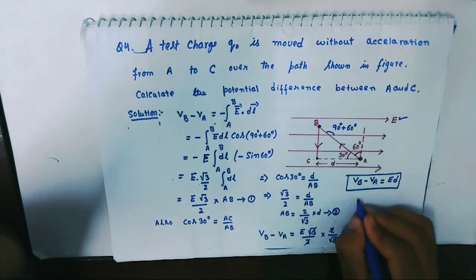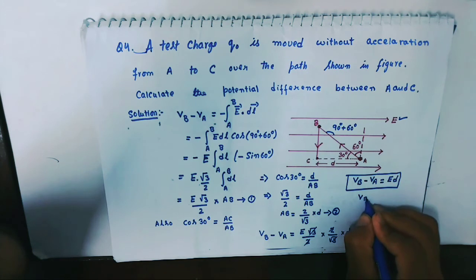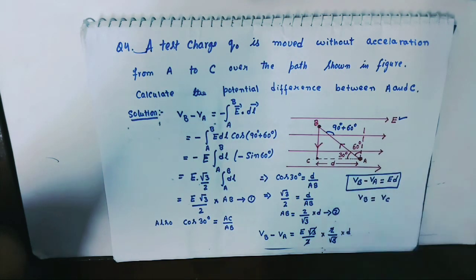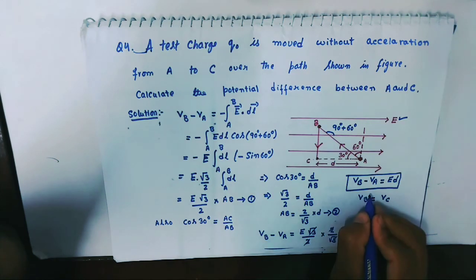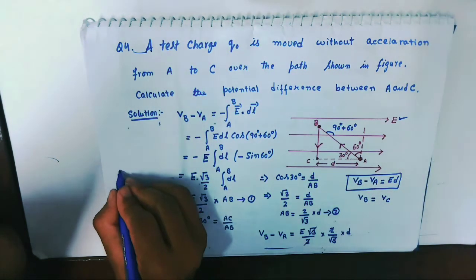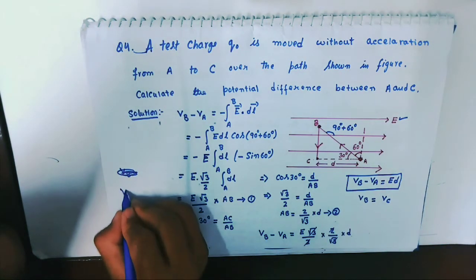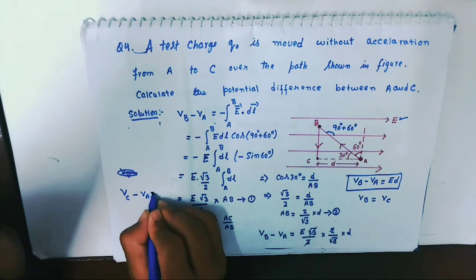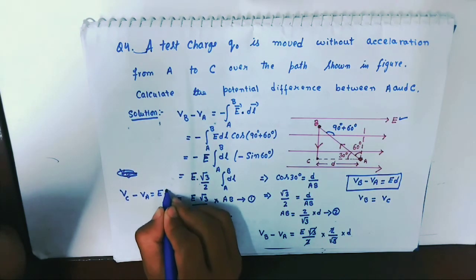Therefore, the potential at B is equal to the potential at C. Hence, the potential difference between the 2 points A and C can be written as VC minus VA is equal to ED.